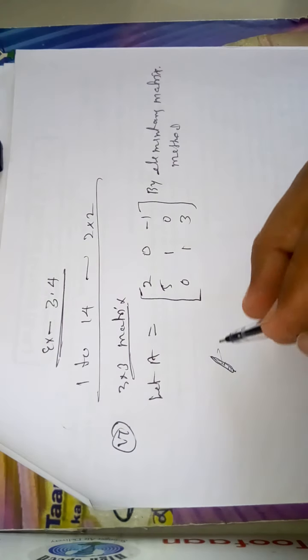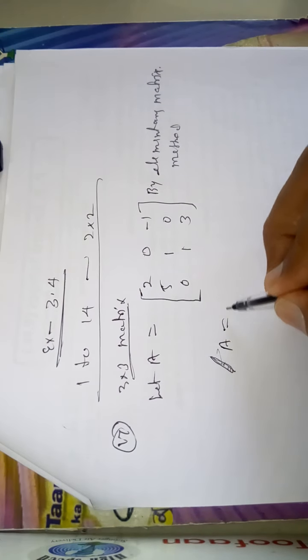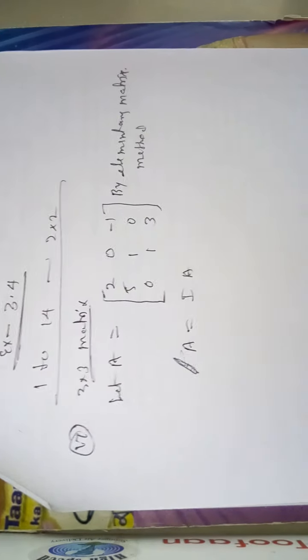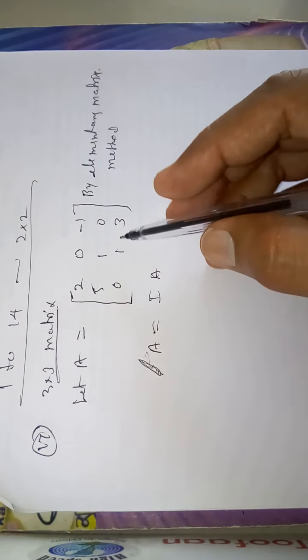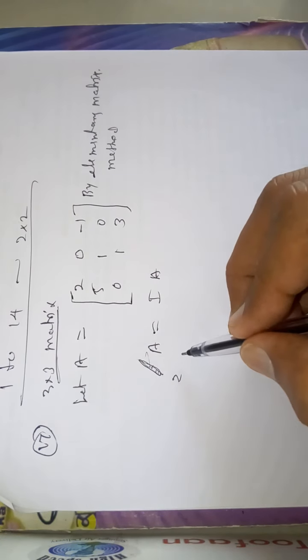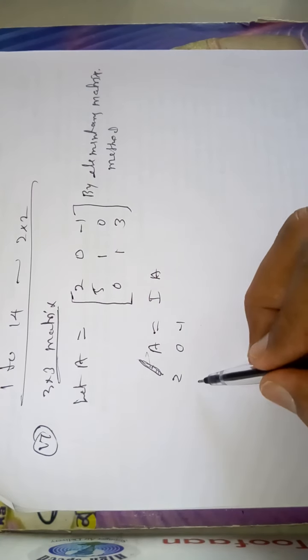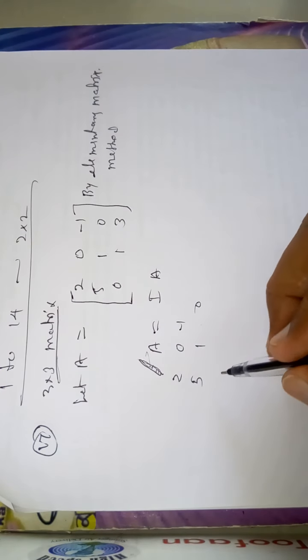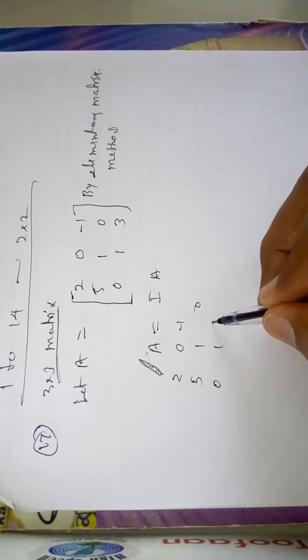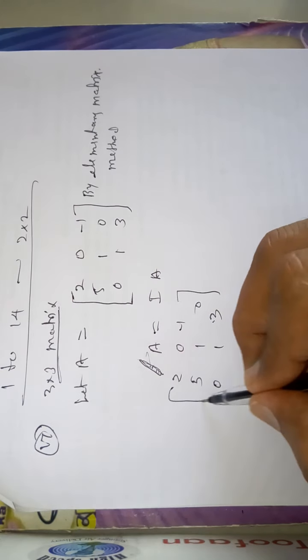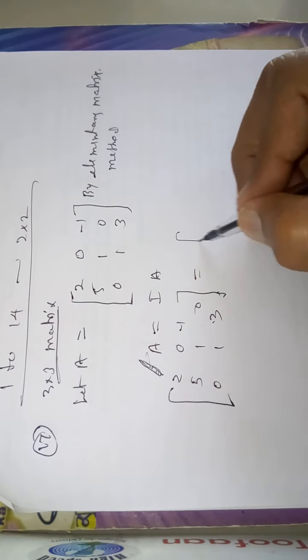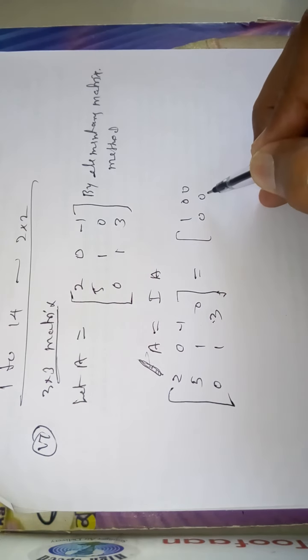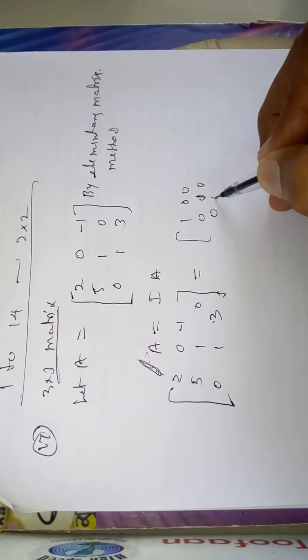Find A inverse. So A equals I A, where I is the 3 by 3 identity matrix: 1 0 0, 0 1 0, 0 0 1.